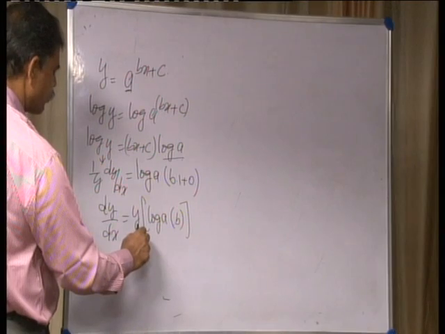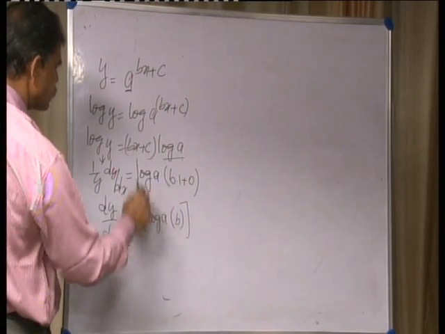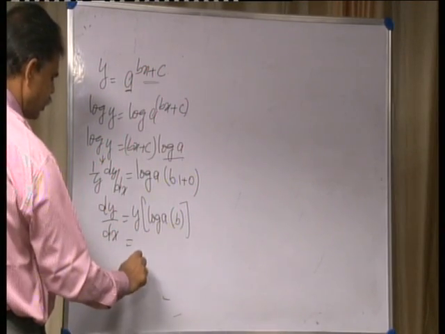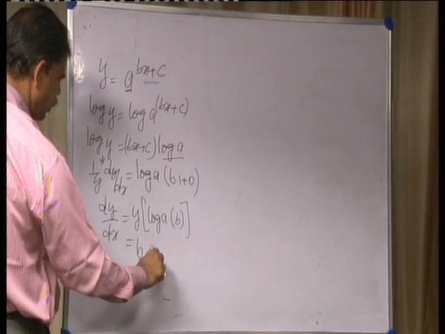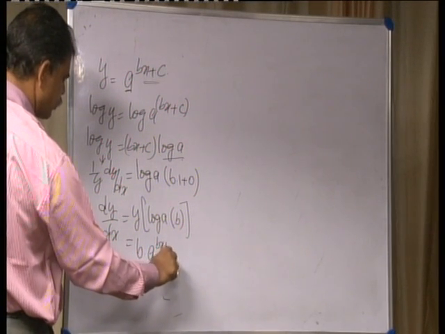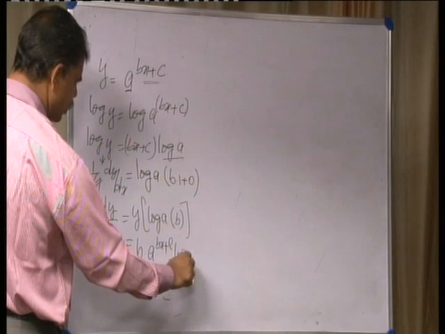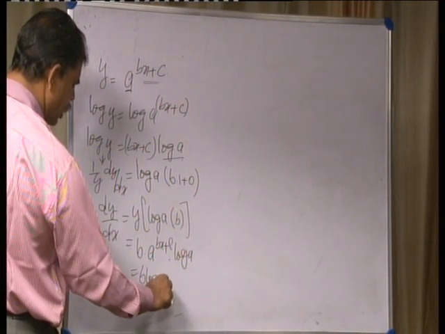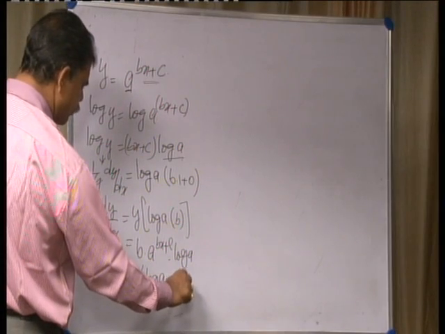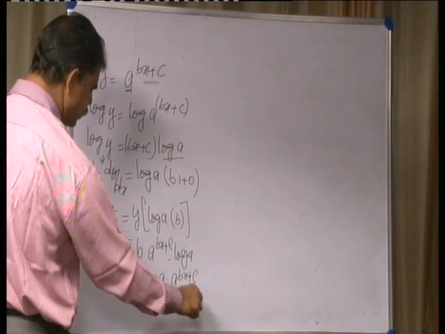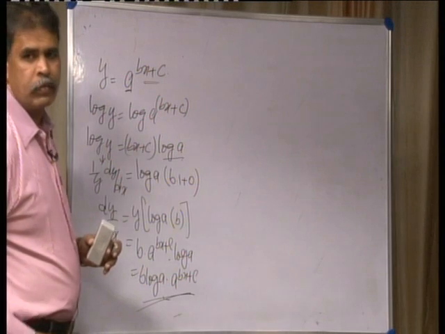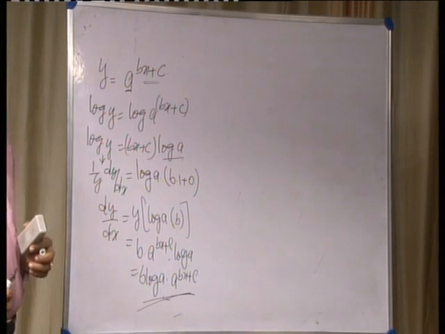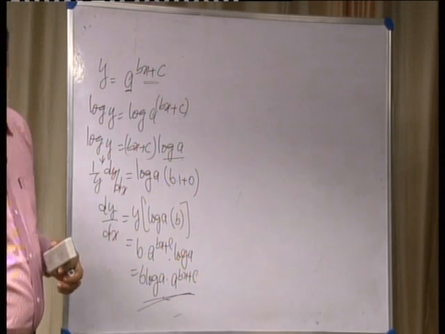Therefore, what is y? y can be replaced as a to the power of bx plus c, hence b into a to the power of bx plus c into log a. Otherwise, you can write b into log a into a to the power of bx plus c, right. This is another example.